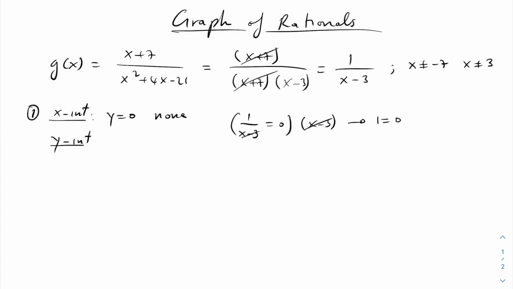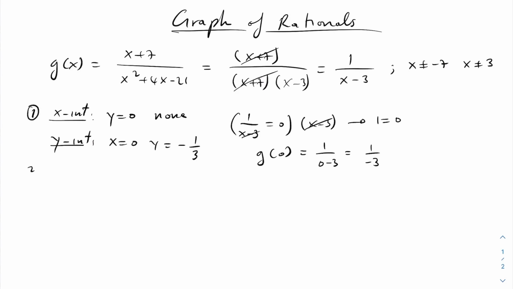Next, for the y-intercept, I'm going to have x equals 0, which means that g of 0 is going to be 1 divided by 0 minus 3, which is equal to 1 over negative 3. So you have a y-intercept in this case, right? And so notice that I'm doing everything on my simplified version, which is okay to do because they basically have the same graph except for those domain things.